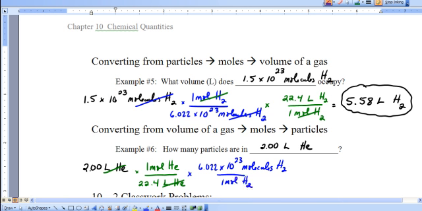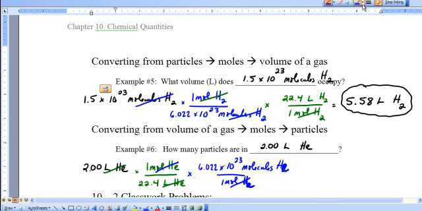Now again, how do we know what goes on top and what goes on the bottom? The units tell us. If we're in liters of helium first, you need liters of helium in the denominator. Now we have moles of helium up top. We need to have moles of helium. That should be helium, not H2. That should be He. Excuse me. The moles of He divide out top and bottom.